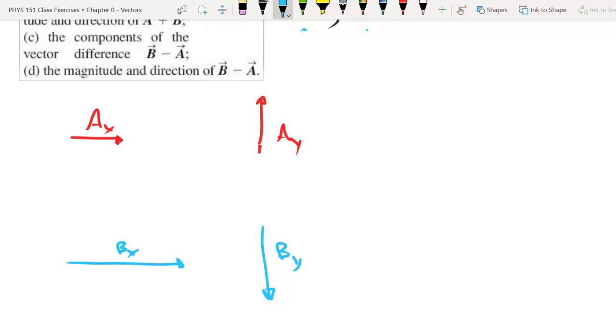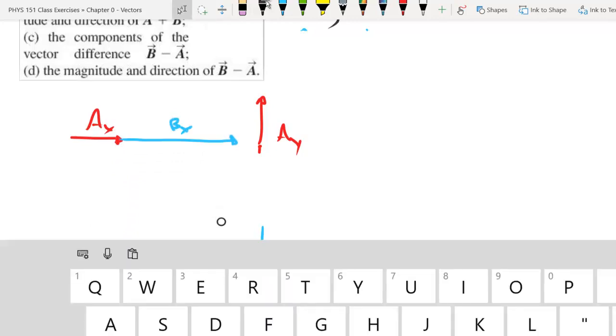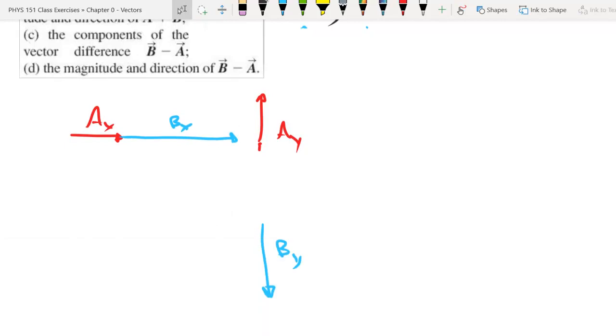I'll start out with AX as my first one, and then I'll add BX to AX, placing the tail of BX at the head of AX. Then it looks like that. And then I can add in AY and BY. So I'll add AY, the tail of AY at the head of BX now, right?